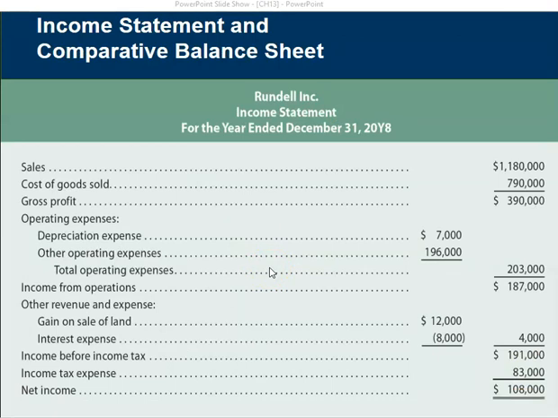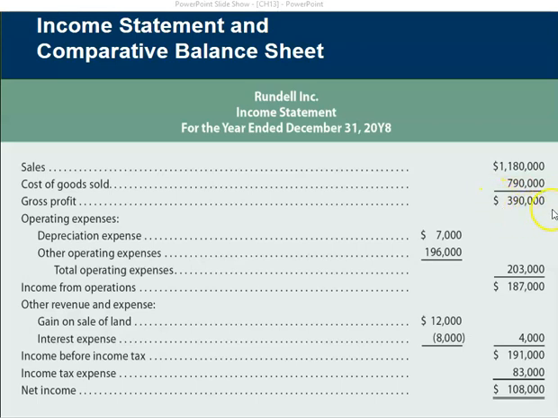Here we have an example of an income statement. We said towards the beginning of the presentation that we were going to start all of our reconciliations with net income, because we're about to get into some adjustments here. So we see up here sales are well over $1 million.